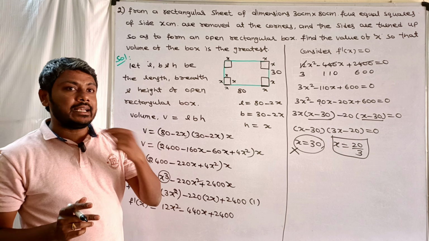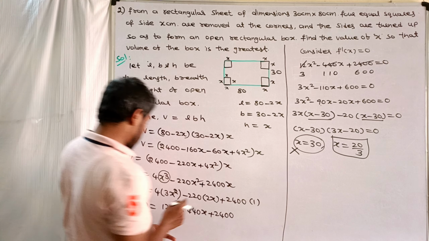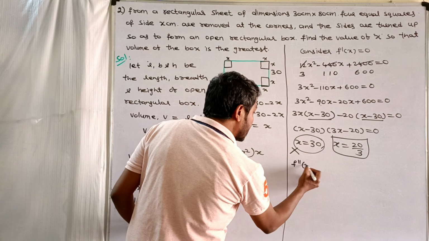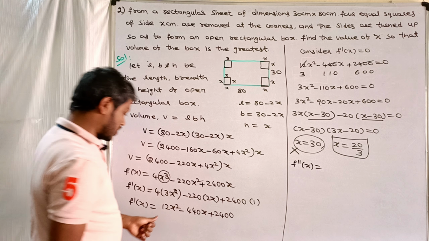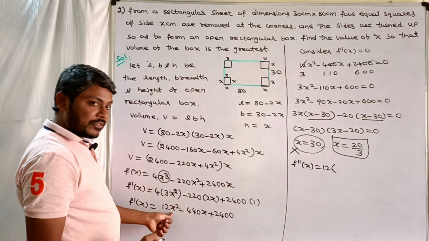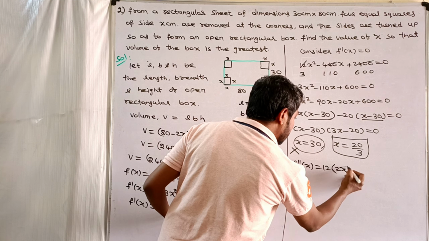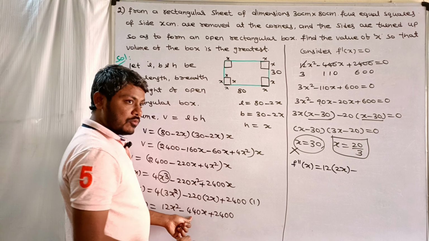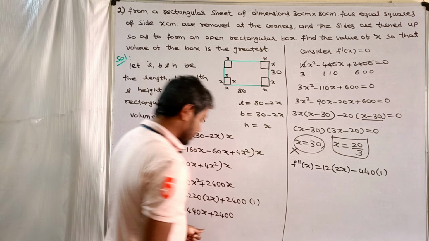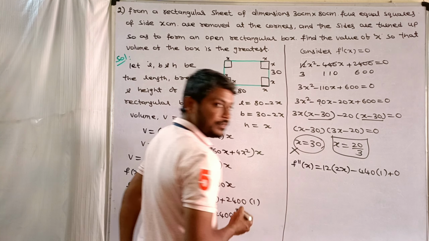Next, to find the second derivative of the function. This is f dash of x. To find the second derivative, f double dash of x is equal to 12 into the derivative of x square, 2 into x power 2 minus 1, that is 2x, minus 440 into the derivative of x, 1. This is a constant, the derivative of a constant is 0.